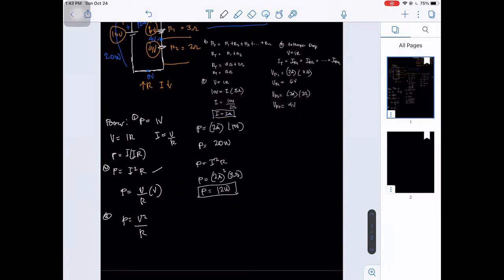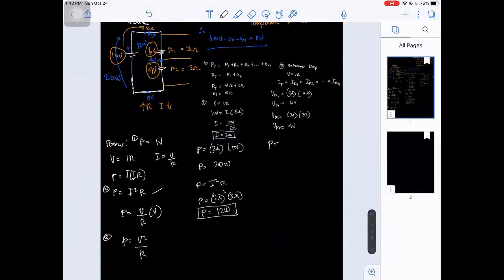So for R2, we will use the third equation, P equals V squared over R. The power is equivalent to the voltage drop across R2, which is 4 volts. So 4 volts squared over the resistance of R2, which is 2 ohms.